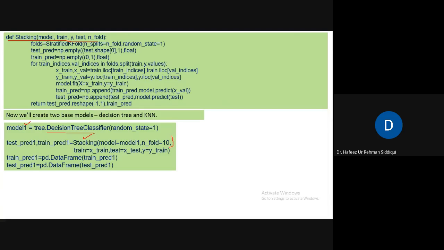Unfold means how many subsets you are making of your training set. So 10-fold. This is our training data. This is our test data. And y_train is the labels for the train data set.